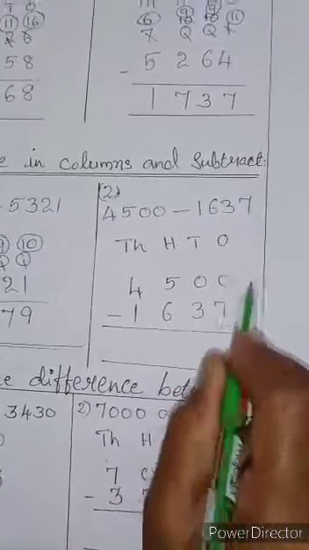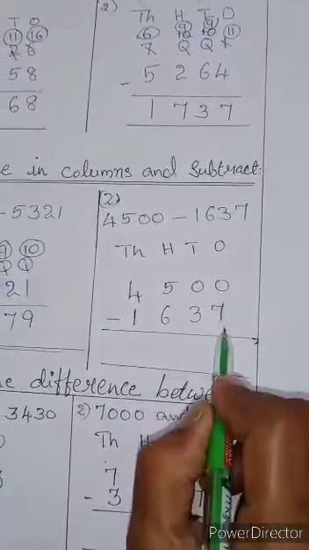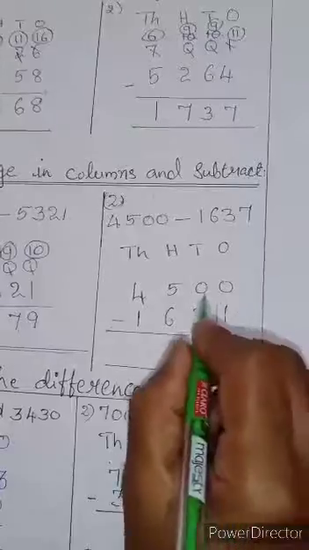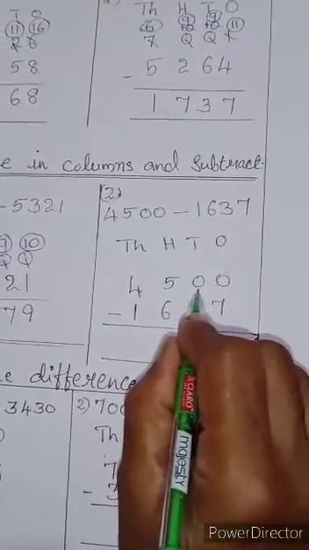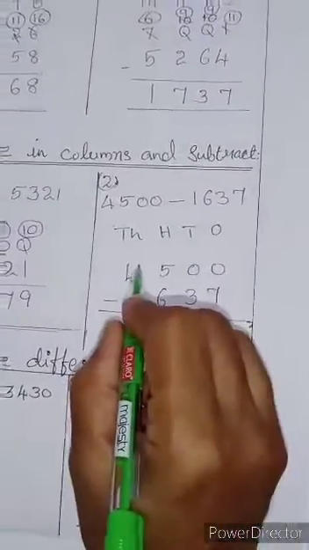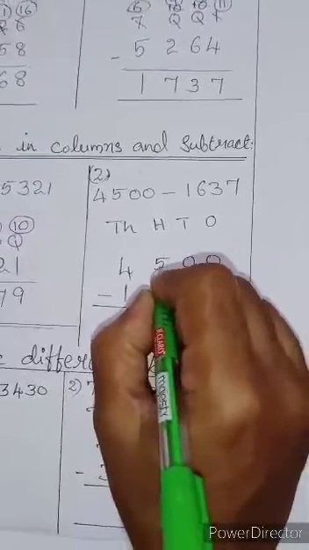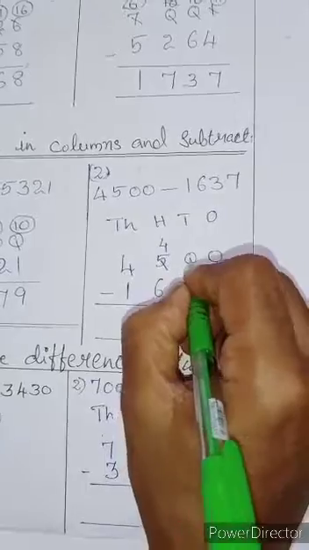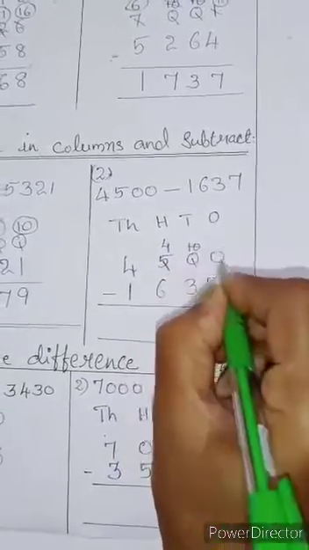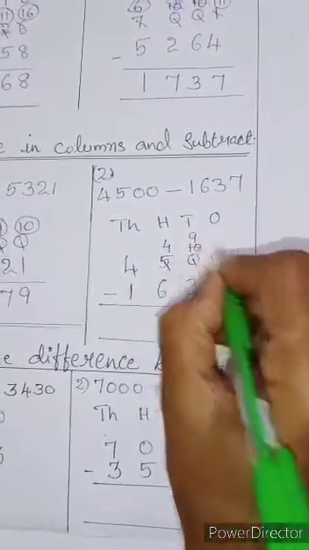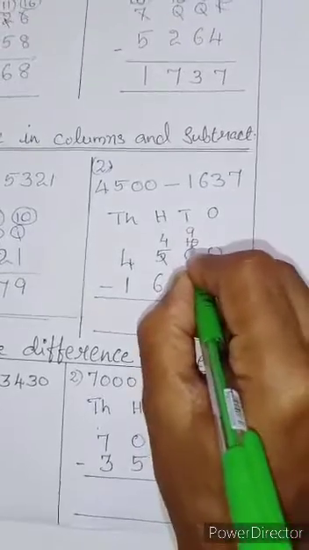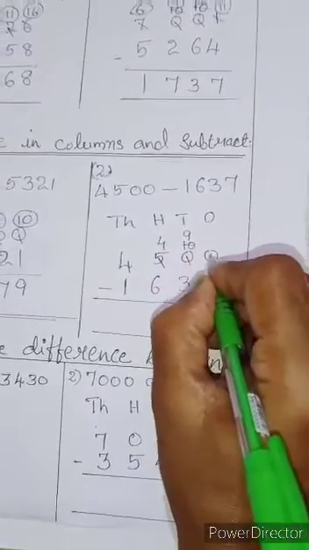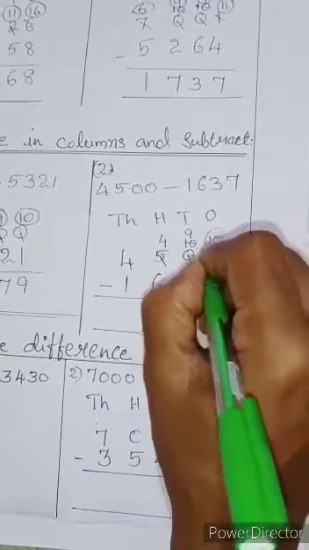Now we will start from ones column. As 0 is smaller than 7, you cannot subtract. You borrow from tens column. Here also 0. Then you move on to hundreds column. And here 5 minus 1, 4 you write here. Now this becomes 10. 10 minus 1, 9 you write here. You have borrowed 1 from here, from tens place. So this becomes 10.